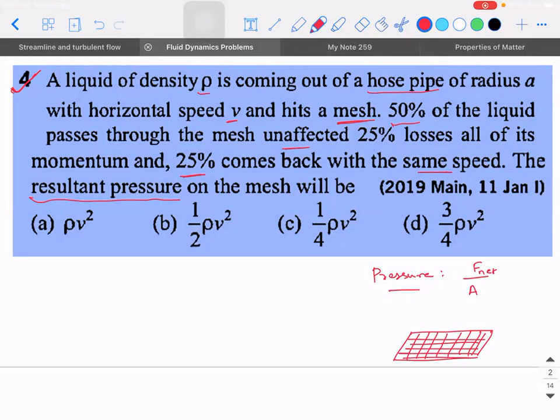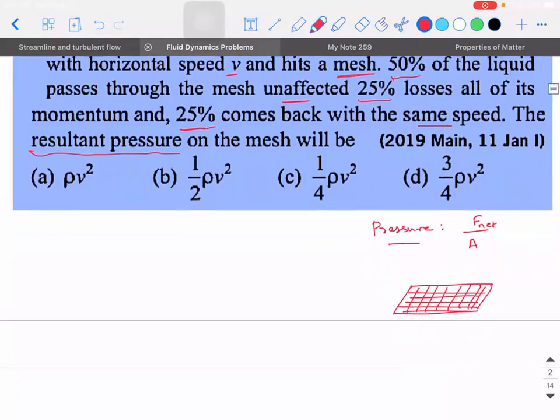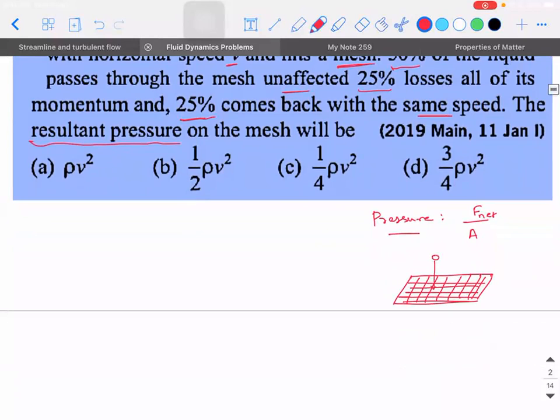That is the meaning of unaffected. Correct? 25% loses all its momentum, in the sense what? It is hitting the mesh and it is stopping there. And 25% comes back with the same speed, means with whatever speed it is going and hitting, it is getting rebound with the same speed. Guys, are you clear with these 3 points?